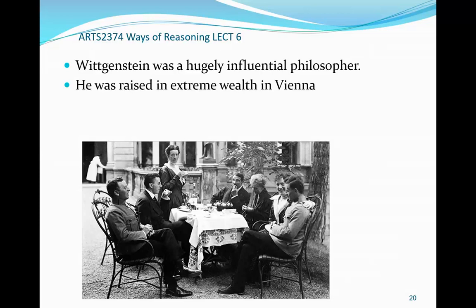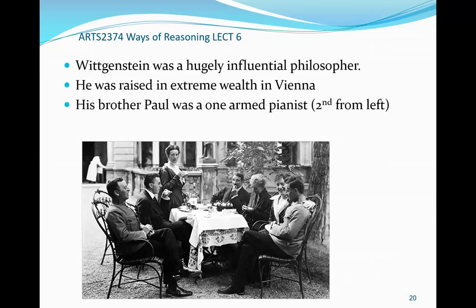His father, in the middle there at the back, was one of the richest people in Europe. His brother was a one-armed pianist. He's the second from the left. It's his brother Paul, and Wittgenstein's on the far right.